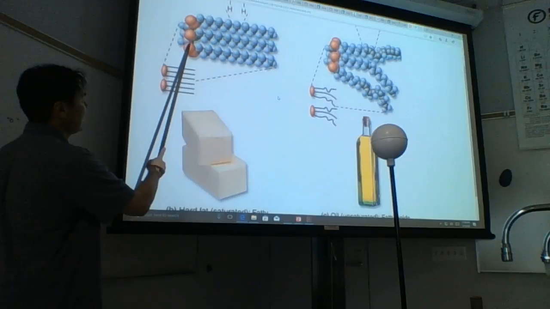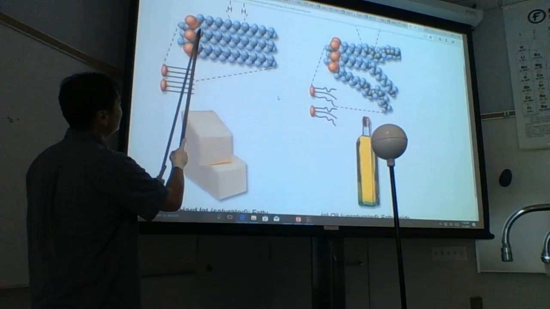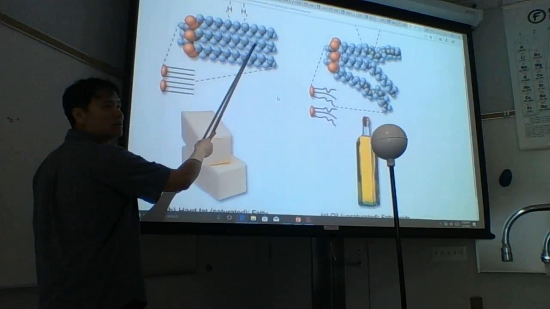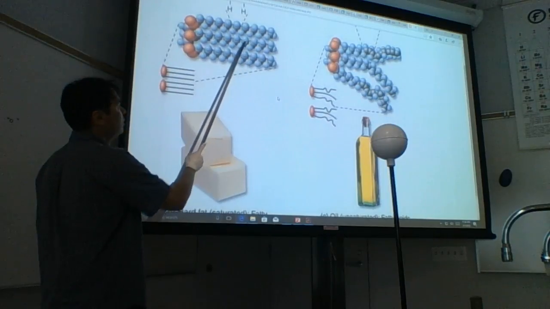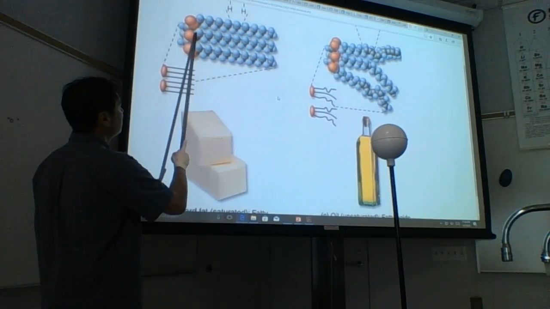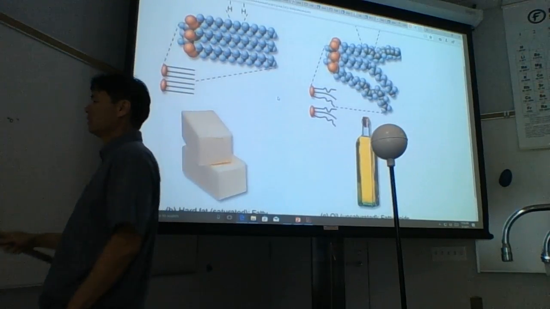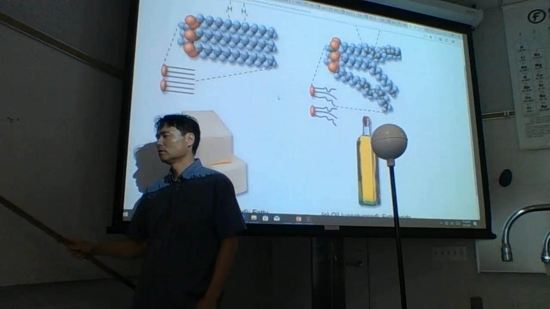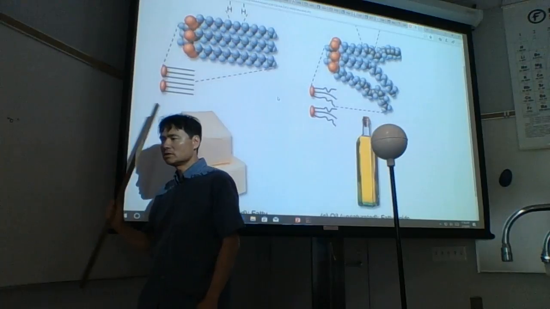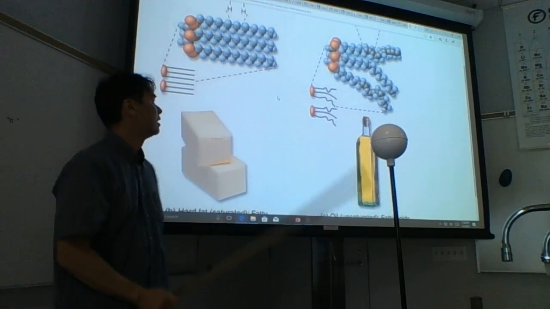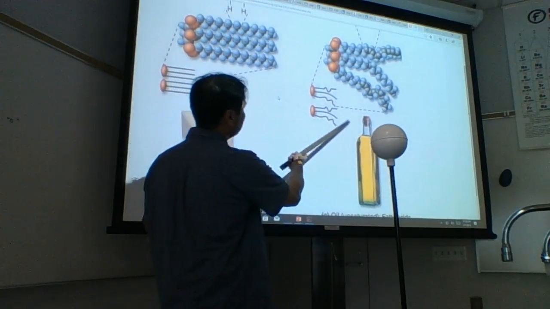So saturated fat, since it's like this, do you see these are all tetrahedral? These black carbons, the blue are hydrogens. Black carbons are all tetrahedral. And so they can form a chain like this, a zigzag chain. Like that. So this is butter here. This would be olive oil here.